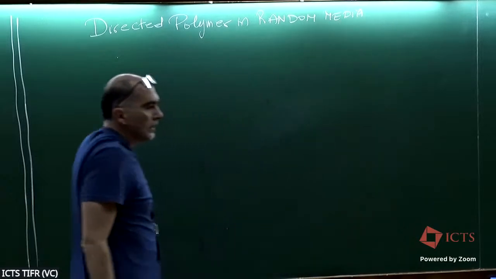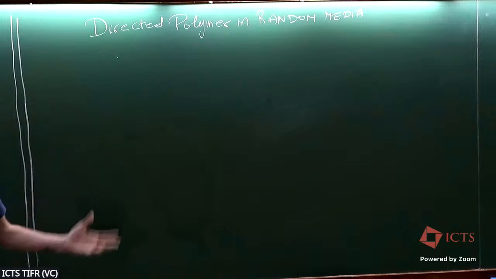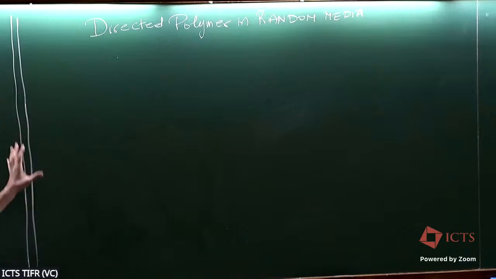Okay. So this model, depending on the dimension, will show something very similar to this one, but in low dimension will show a different physics, a different glassy physics. And I want to show these as the two extremes of what can happen in the thermodynamic properties of a disordered system. So let me define the model first on the lattice.